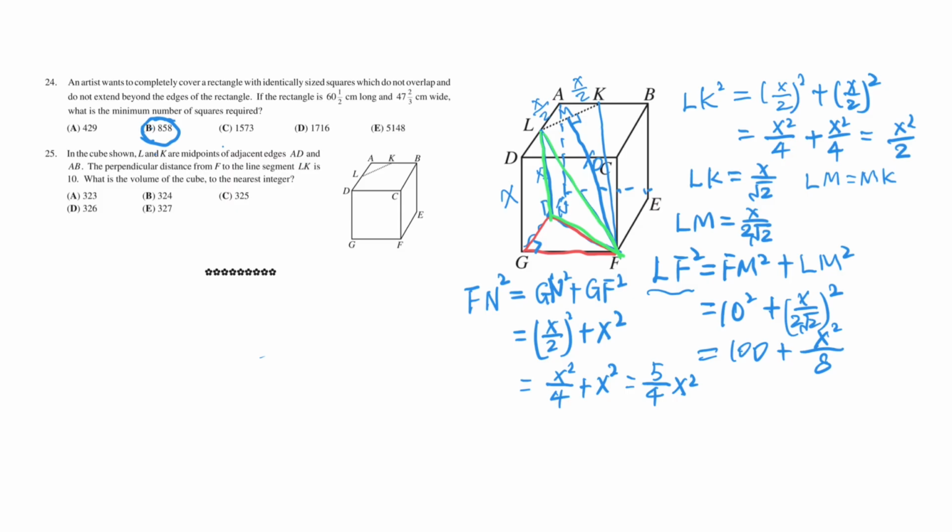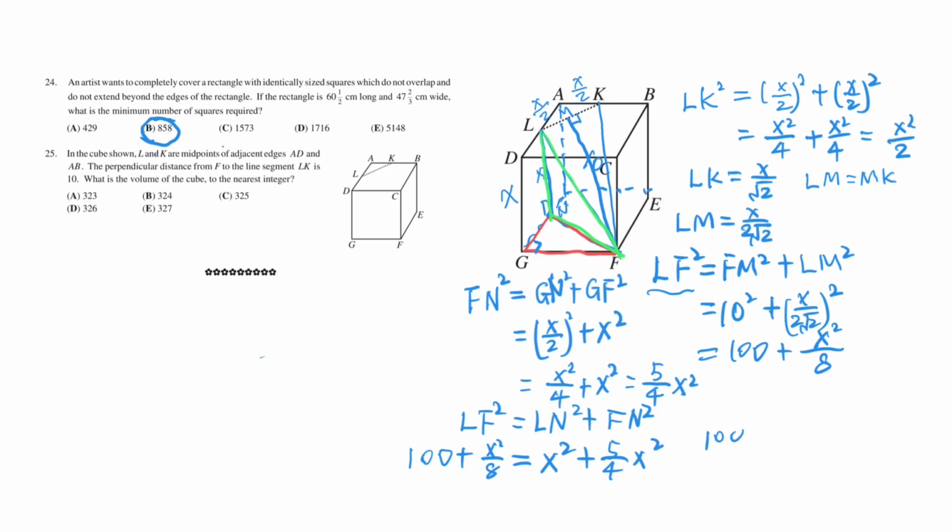Use the Pythagorean theorem. LF square equals LN square plus FN square. LF square is 100 plus x square over 8, equal to LN, same as the edge, that's x square, plus FN, that's 5 over 4 x square.